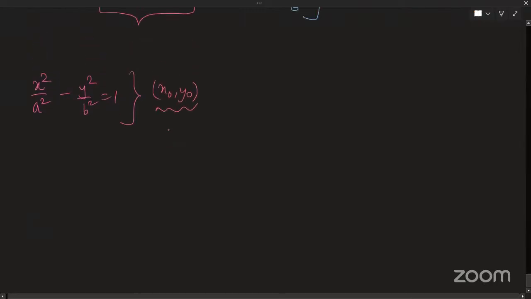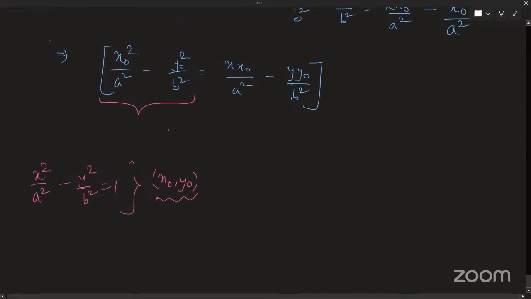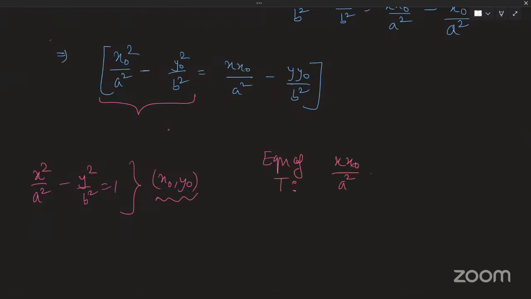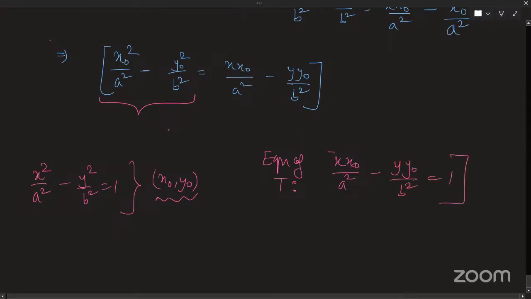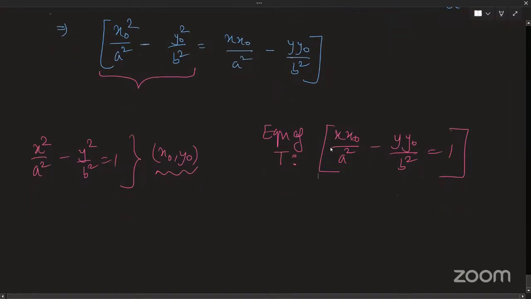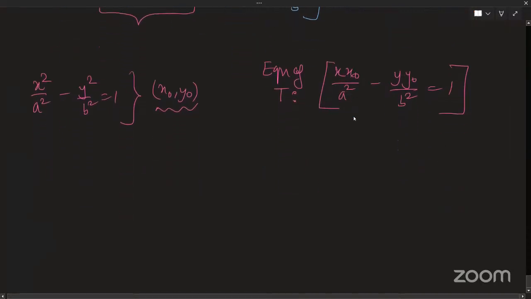So obviously, x naught square by a square minus y naught square by b square is equal to 1. So in other words, my final equation of tangent will be x naught by a square minus y naught by b square is equal to 1. Right? I hope you have learned this equation in conic sections. Did you learn this equation in your conic sections chapter?